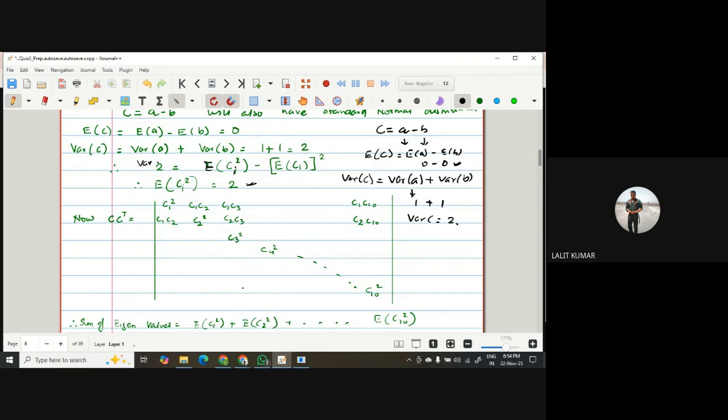We know that the diagonal elements, if we sum them, the sum of the diagonal is equal to the sum of eigenvalues. So it will be expectation of C1 square plus expectation of C2 square up to C10 square. And we found expectation of Ci square is equal to 2. So this will come 2 into 10, 20.